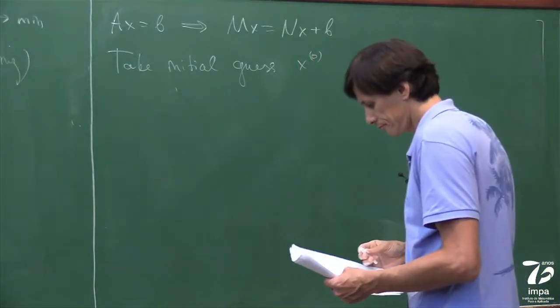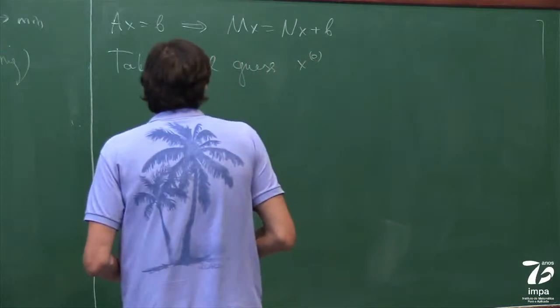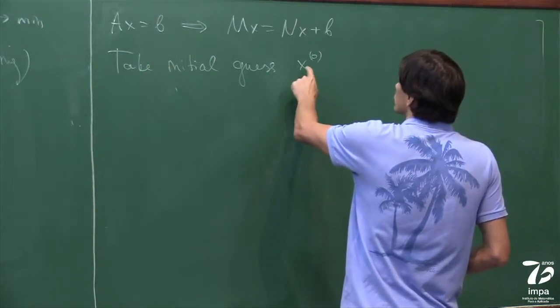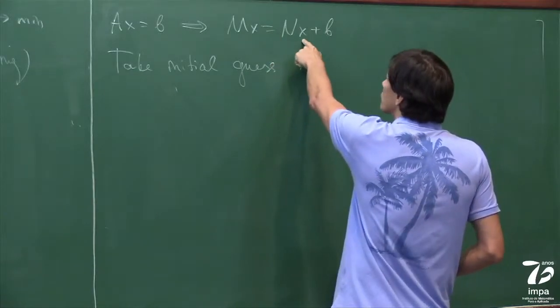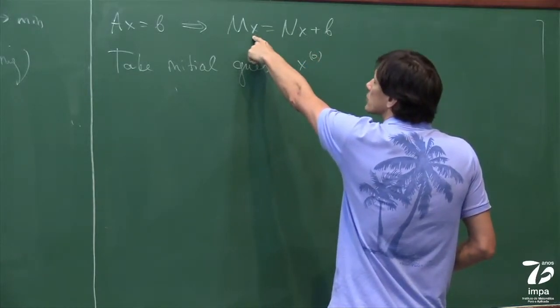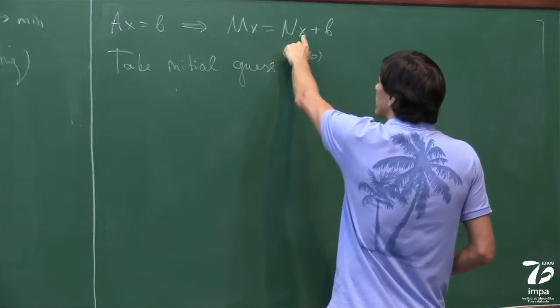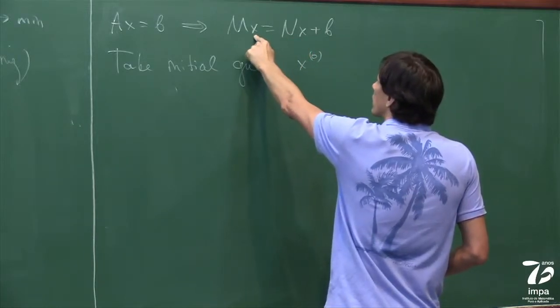And then for the next iteration, you substitute it here and solve the system with respect to that x. So you use the old x on the right-hand side and find a new x on the left-hand side.